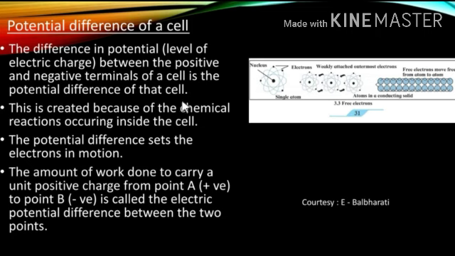Why? Suppose in the atom of any metal, the electrons are revolving around the nucleus, and the electrons which are much away from the nucleus are slightly free to be moved.